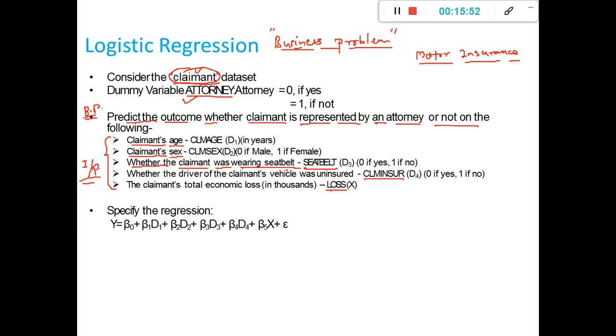The claimant sitting in the car and driving it, whether he was wearing the seat belt or not at the time when the accident happened. If he was wearing the seat belt, then the data given to us is 0, and if he wasn't wearing the seat belt, then the value for this variable is 1.